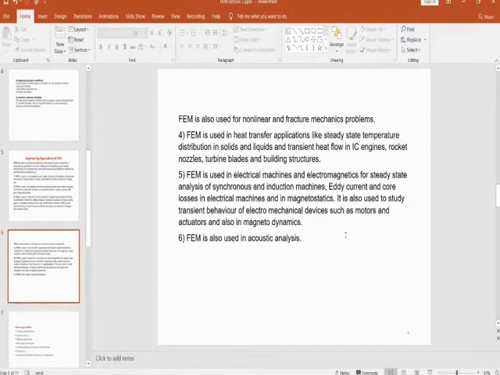Then FEM is also used for non-linear and fracture mechanics problems. Non-linear problems means what? In strength of material, we make the assumption that the material is linear. Means what? The material obeys Hooke's law. Stress and strains are directly proportional to each other, means they are varying linearly.